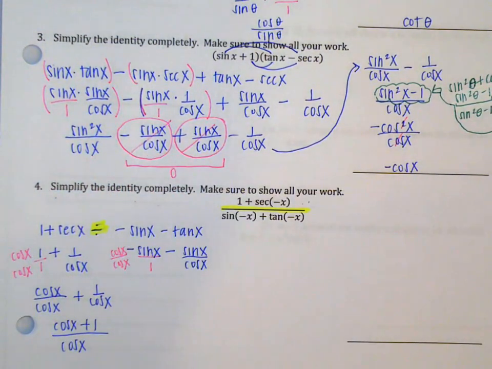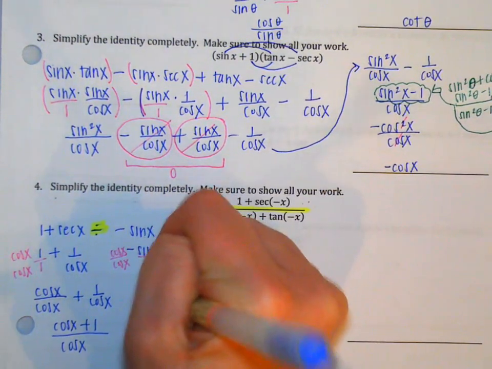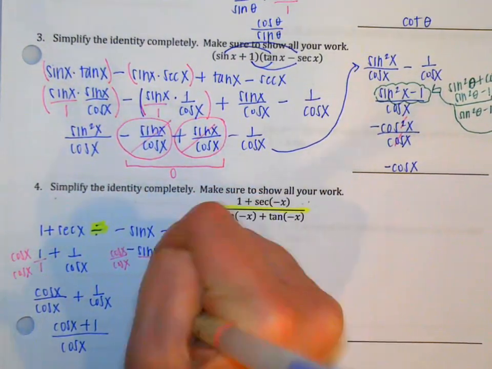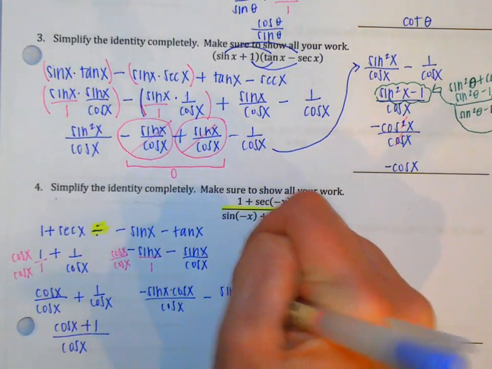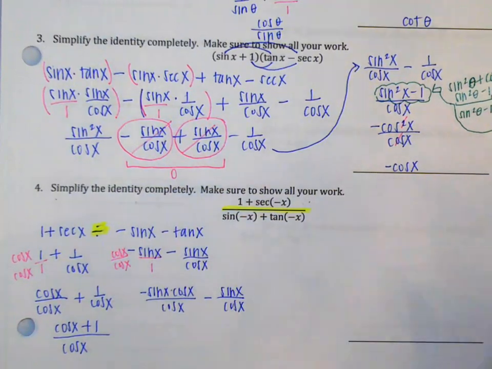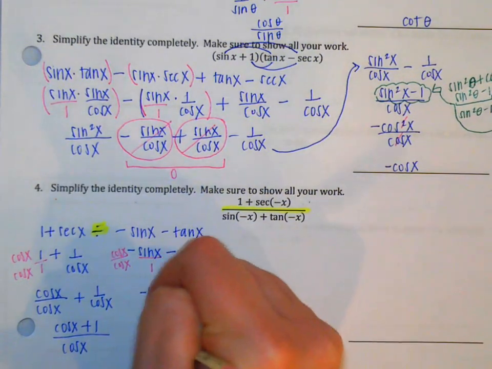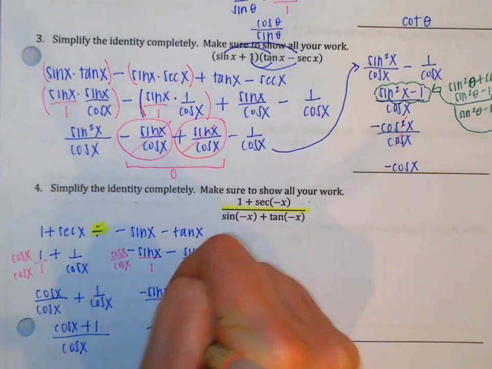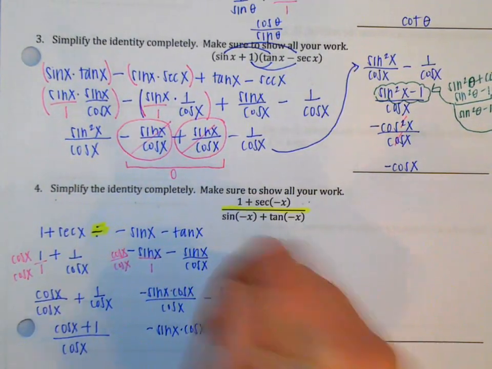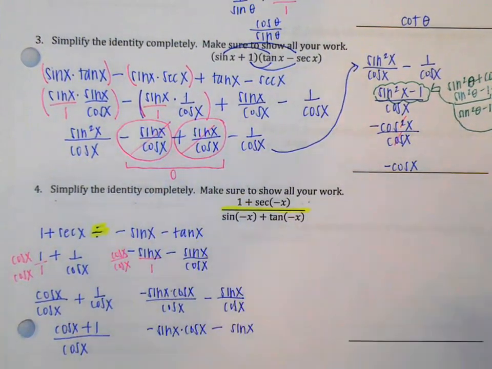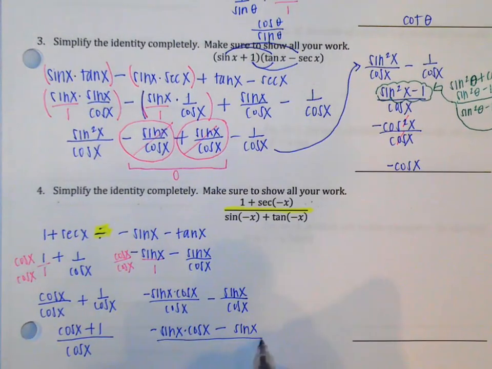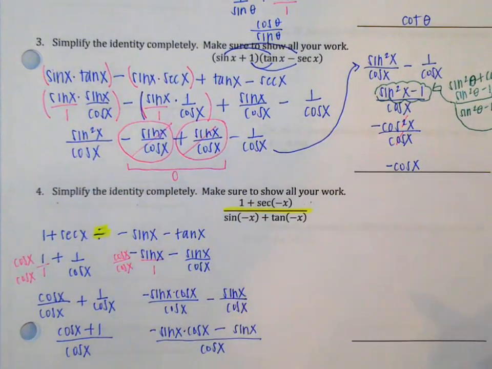And so that would be negative sine x times cosine x all over cosine x minus sine x over cosine x. Okay, and now that it has a common denominator, I can write it as a singular fraction. So that would be negative sine x times cosine x, this is one singular term, minus sine x, this is another singular term, all over cosine x.